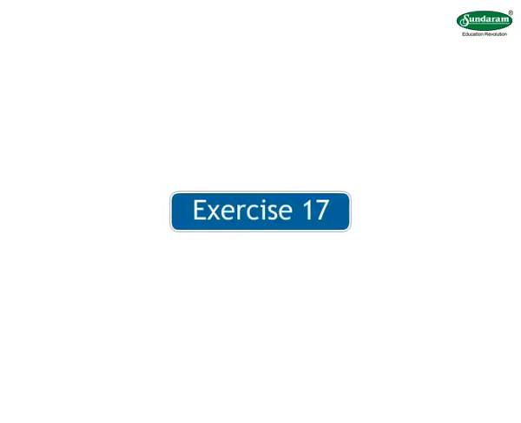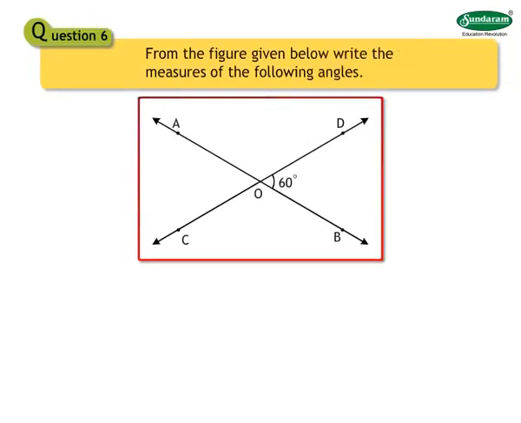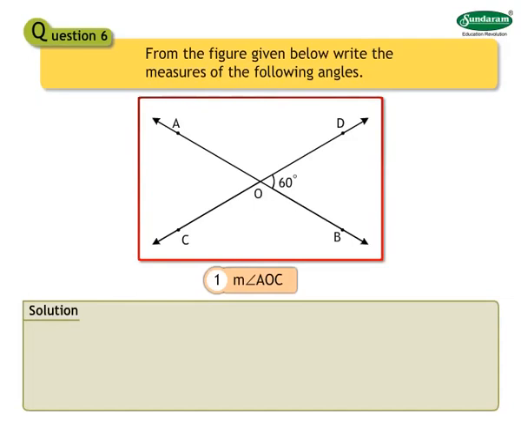Now let's solve few sums related to adjacent angles, linear pair angles, and vertically opposite angles from exercise 17. Question 6. From the figure given below, write the measures of the following angles. Number 1. Measure of angle AOC. Solution. Look at the figure.